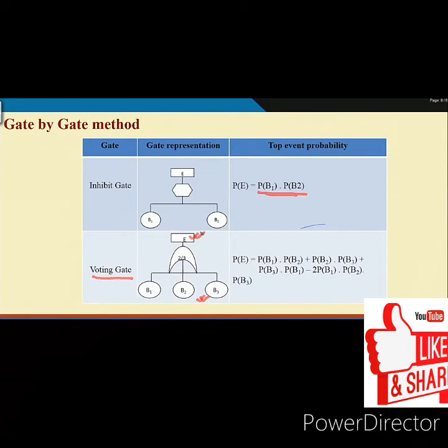Under the 2 by 3 voting case, the probability of the top event will be PB1 PB2 plus PB2 PB3 plus PB3 PB1 minus 2 PB1 PB2 PB3. That is the formula. Now, we will see how this formula is derived.